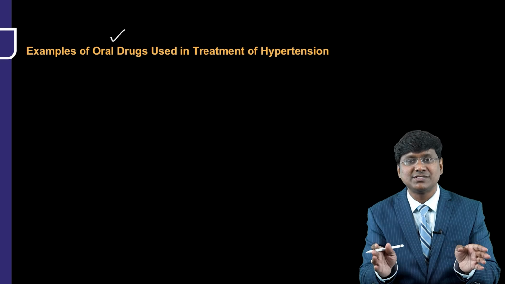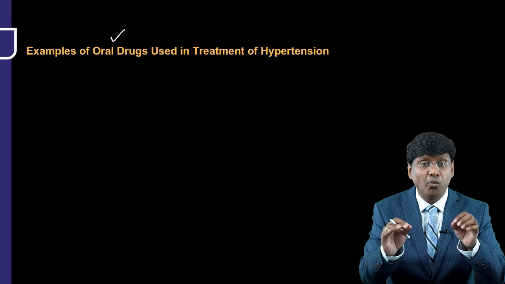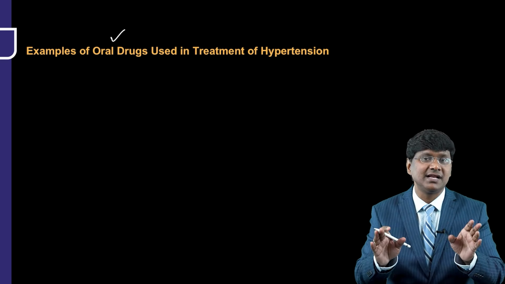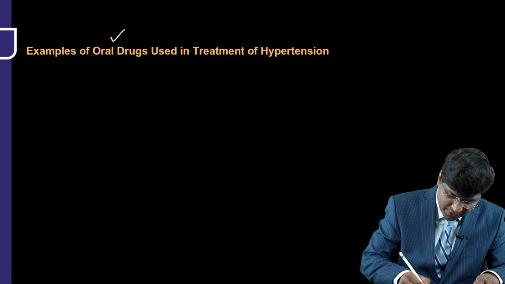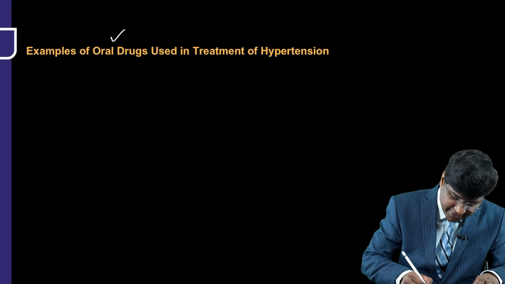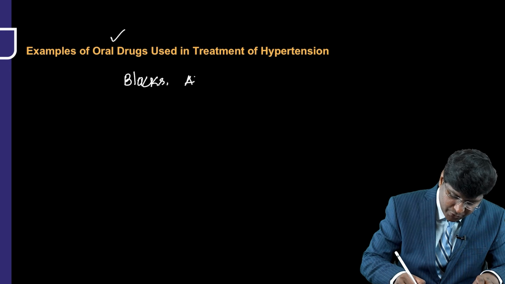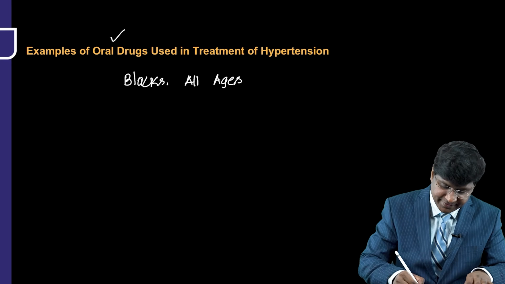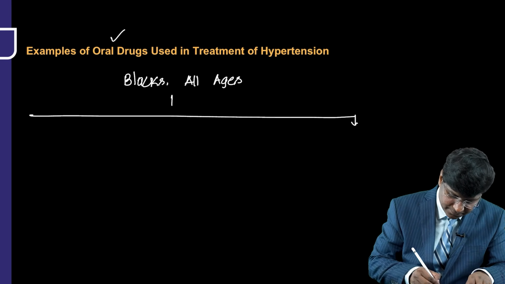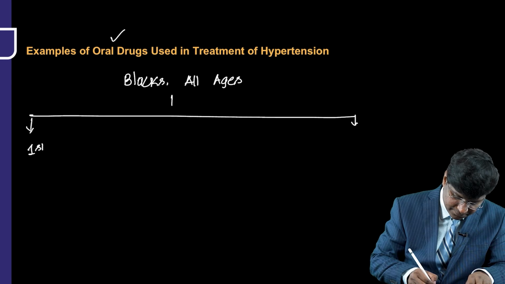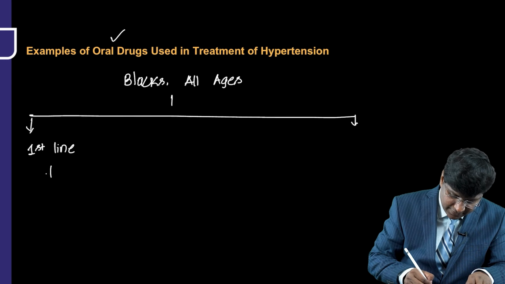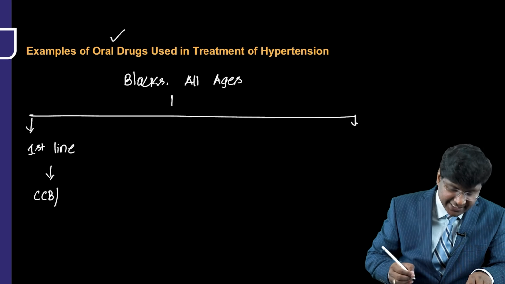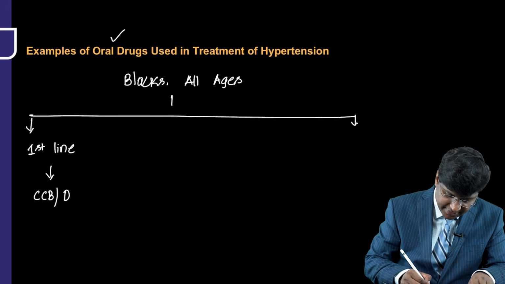Among all these various classes of antihypertensives, what is considered the first line antihypertensive? Whatever the age, particularly in the Indian scenario, and in blacks, the first line antihypertensive will be a calcium channel blocker or a diuretic, right?